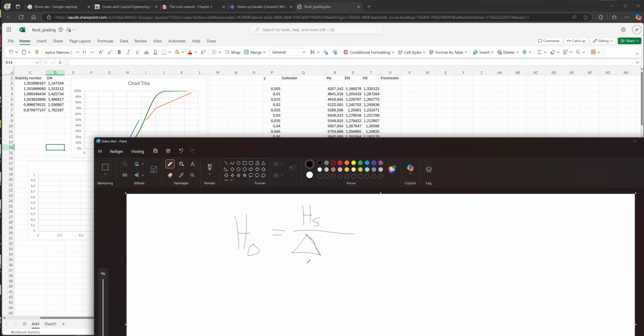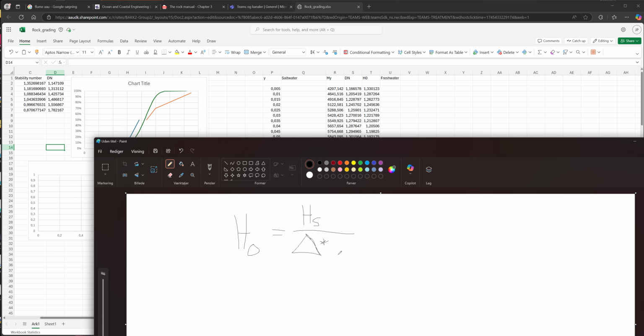Delta is a factor that is used for accounting for the difference in the density. So it's called something like the buoyancy. I don't have the word right now.